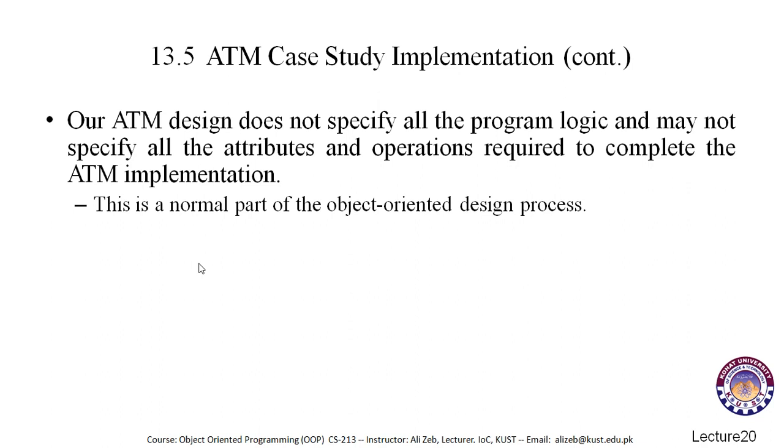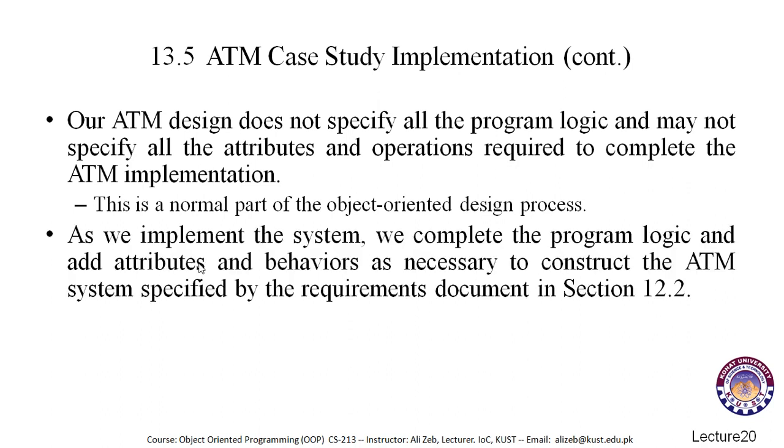There might be details that you need to add after you have started implementation, after testing, or after evaluating your system in detail. As we implement the system, we complete the program logic and add attributes and behaviors as necessary to construct the ATM system specified by the requirements document in section 12.2 in the previous part of this lecture.